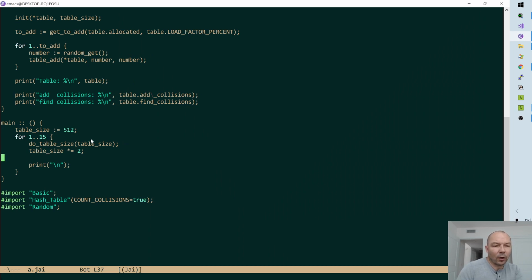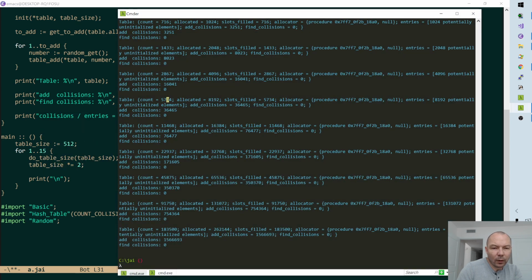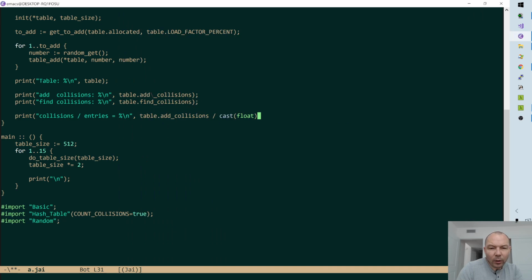And let's actually, we're just going to make a float. What's it called? Table.count.